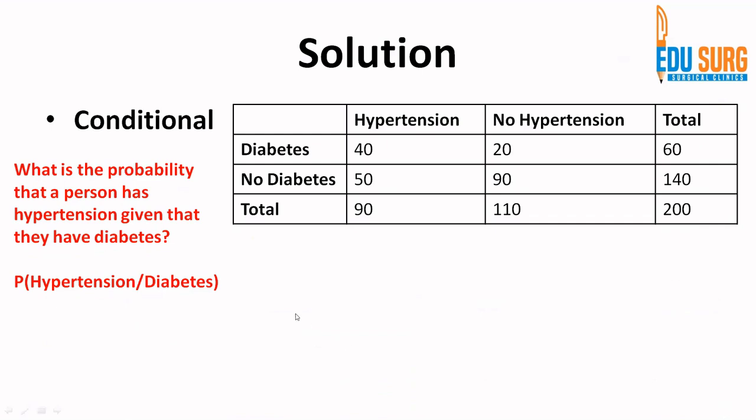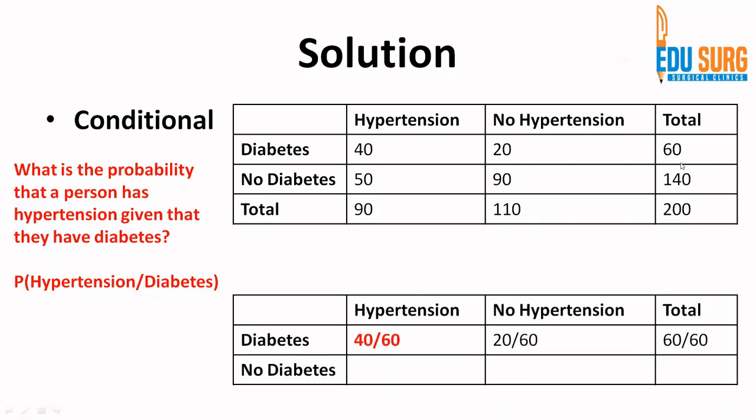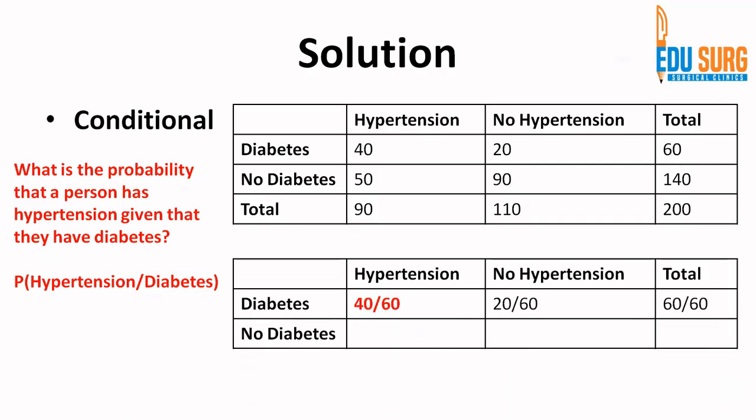Now going into the conditional probability concept here, the given is that diabetes is already there. You have to find the row, so you are going to use the row, right? So we change the table as per our understanding. Since the patients with diabetes total 60, your denominator will be 60.